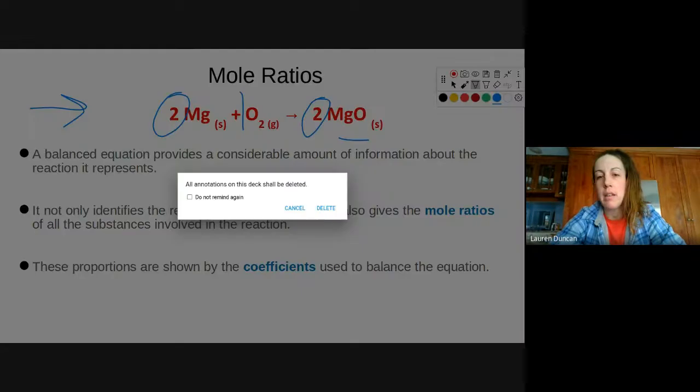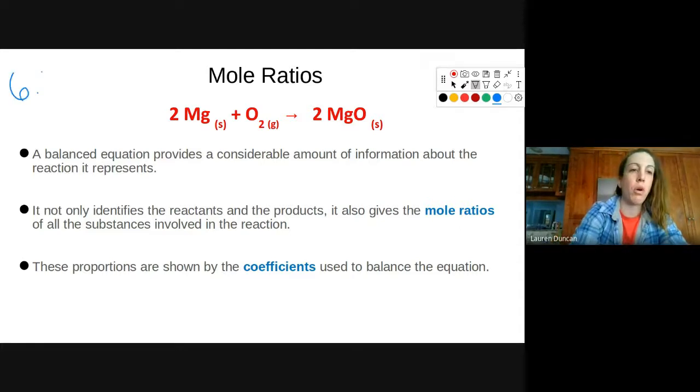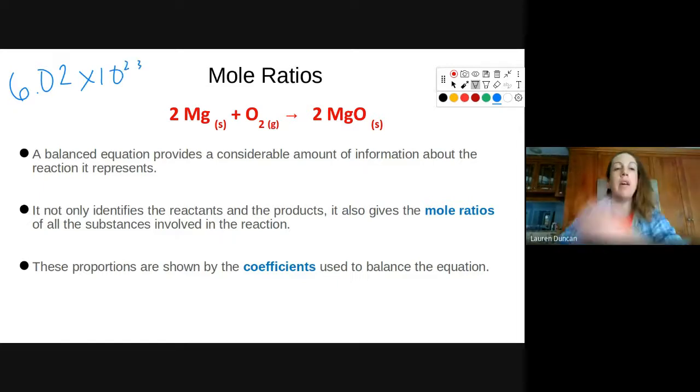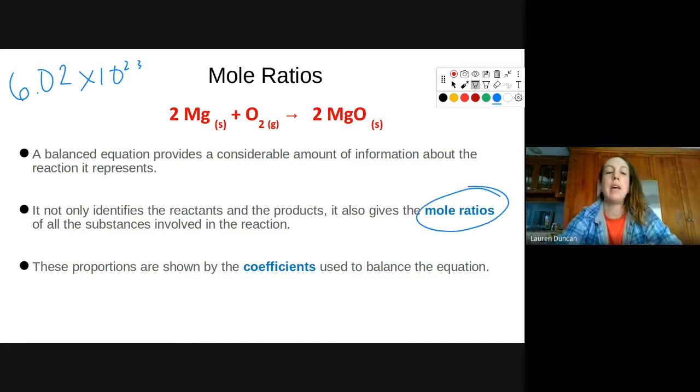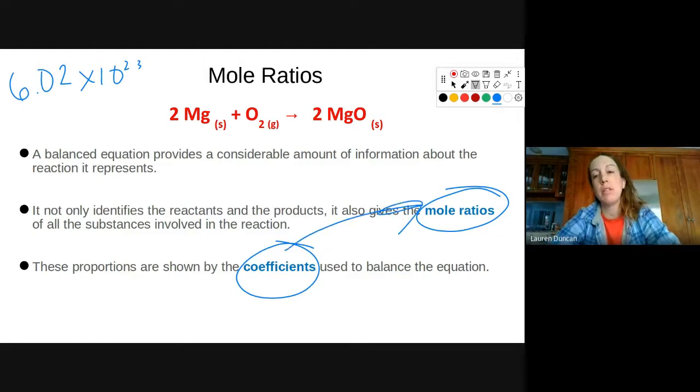So instead, when chemists do chemical reactions, we do them with moles of molecules, or quantities on the order of 6.02 times 10 to the 23rd atoms and molecules of our reactants and products. So what I'm saying here in the notes is that your coefficients give us the mole ratios of reactant and product molecules.